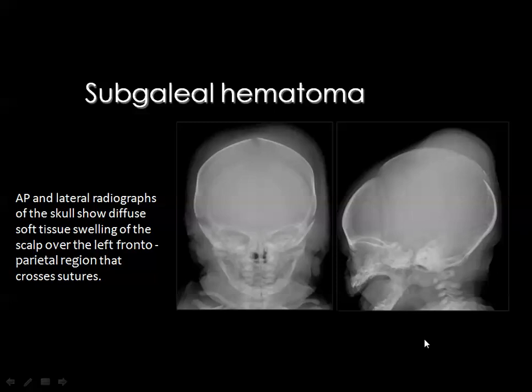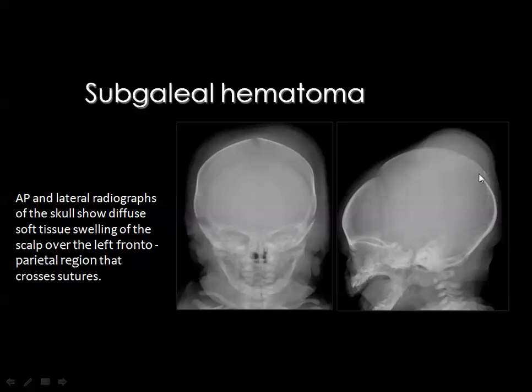And many times the skull trauma is associated with a collection of extracranial blood in the subgaleal area, which is known as the subgaleal hematoma. And this is, of course, different from the cephalic hematoma, which occurs during delivery in cases of obstructed labor.